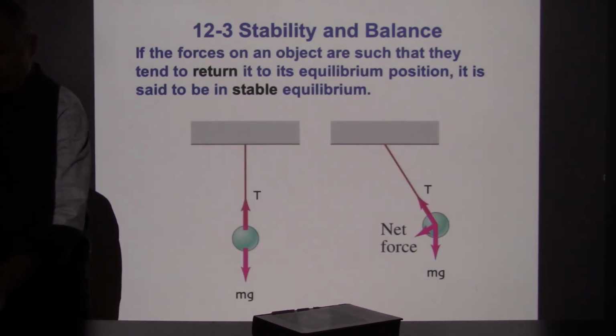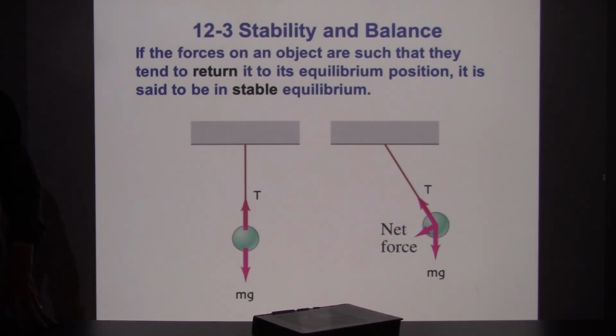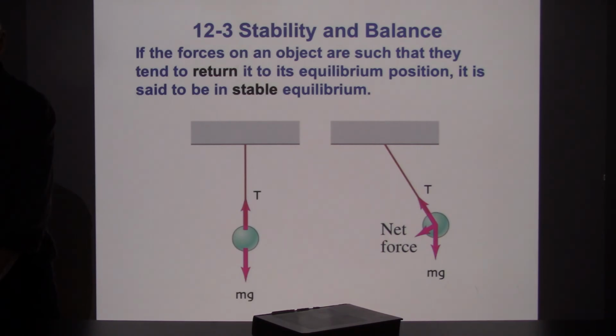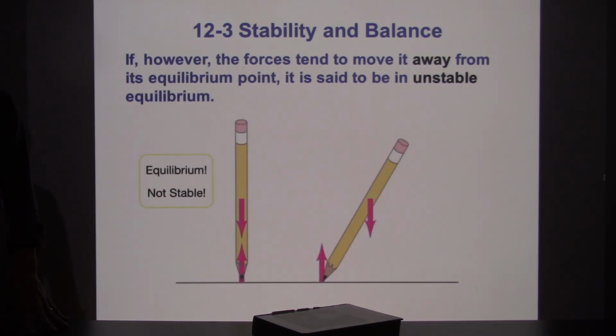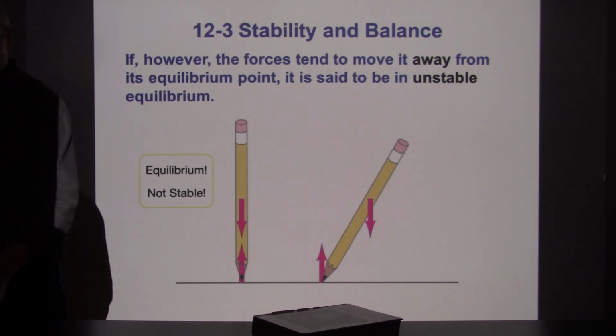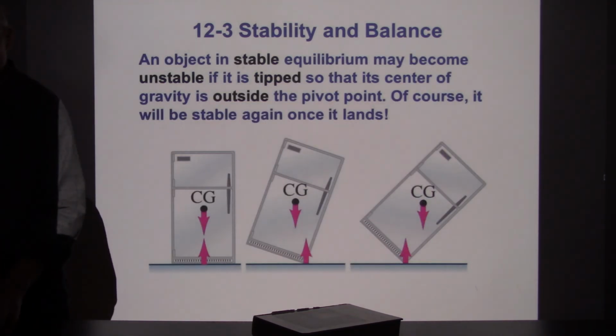In the earlier example, if the system is disturbed, pushed away from equilibrium, the forces return the object to equilibrium. This is called a restoring force. Here there is no restoring force. Balancing a pencil is kind of a one-shot deal: if you can get it balanced, it's there, but if it drifts a little bit to the side, it's not coming back on its own. So that's considered to be an unstable equilibrium.